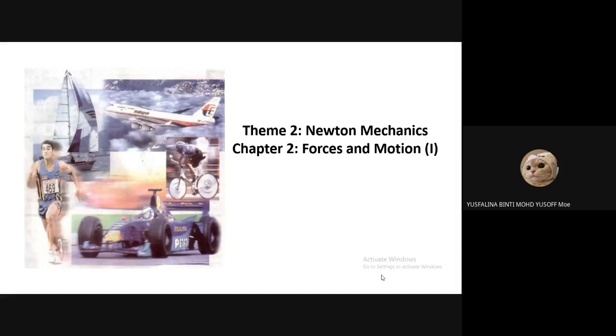But for your KSSM they divide it into 2 parts. So when you are in Form 5 you will learn forces and motion 2, and Form 4 is forces and motion 1. They divide the chapter because it is very long.